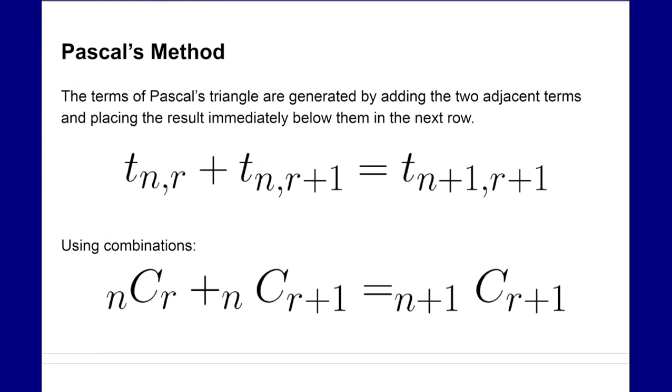That's just a convoluted way of saying adding the two adjacent terms and placing the result below. Now, you can actually use combinations instead. All these term numbers are the same as the combinations of choosing a set amount of objects. So instead of t for the term, we can use combinations: n choose r plus n choose r plus 1 equals n plus 1 choose r plus 1.